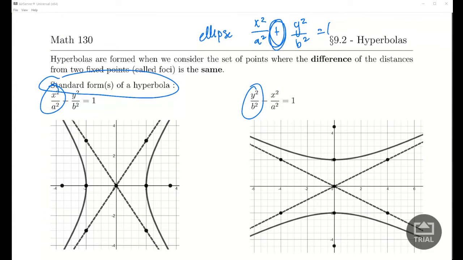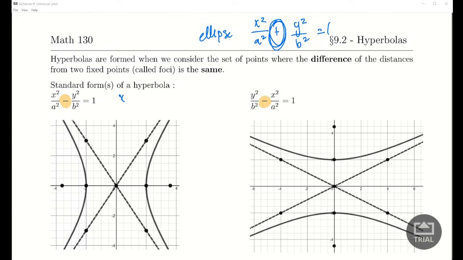So notice this plus sign. When you look at these two standard forms for a hyperbola, it's a minus sign. And that's the difference in these two setups. So if you see a plus sign, once it's in standard form, with the 1 on the right-hand side by itself, then it's an ellipse. If there's a minus sign between the two things, then it's a hyperbola.